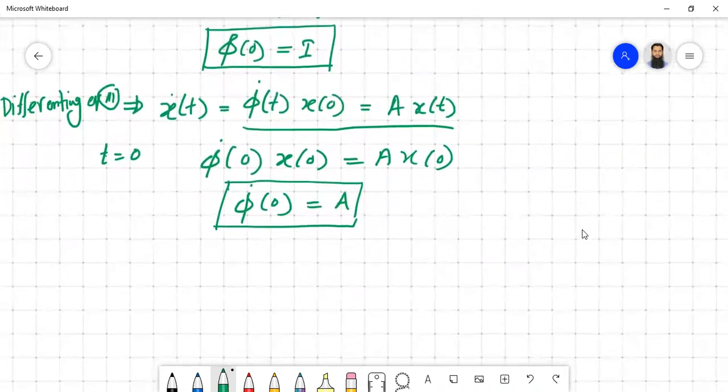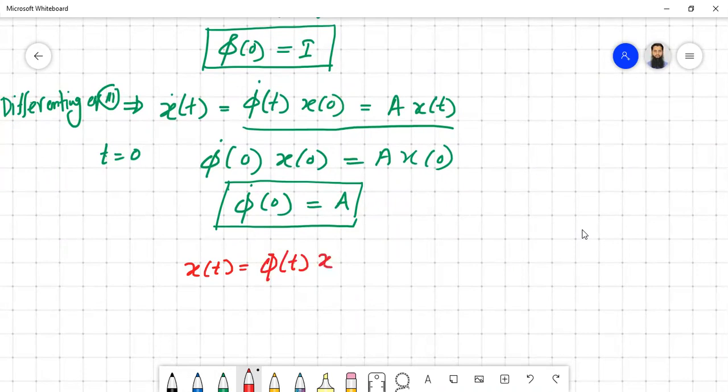So far, what we have figured out is the summary of the homogeneous solution: x t equal to phi t x0, where phi 0 is the identity matrix and phi dot 0 is our system matrix. So this is the summary so far.